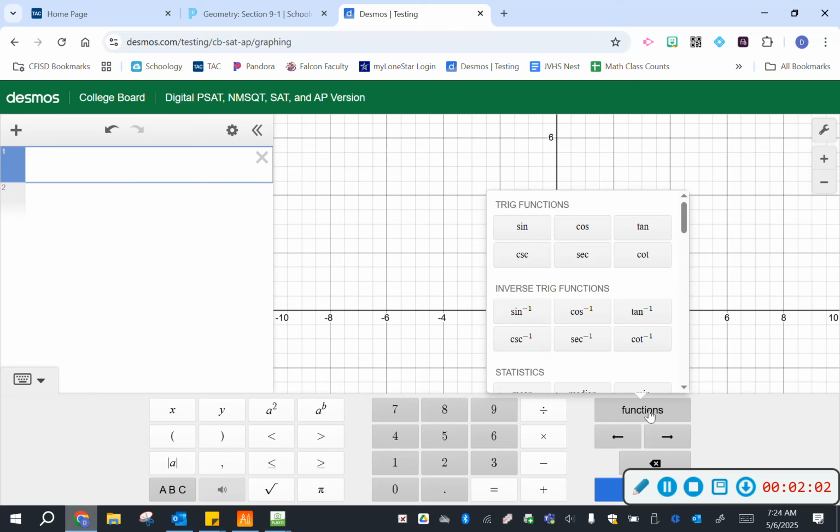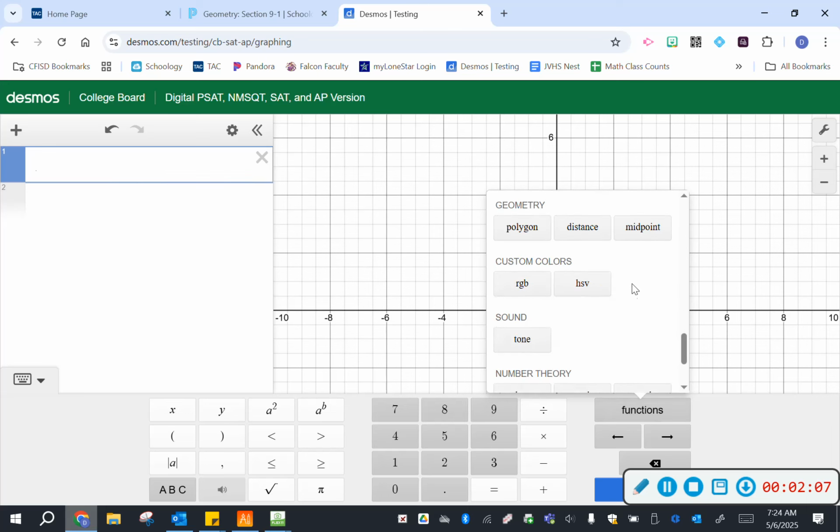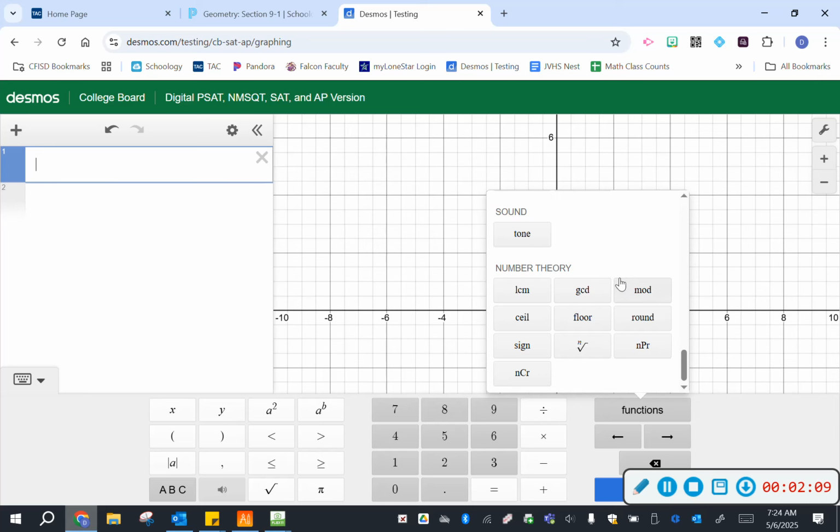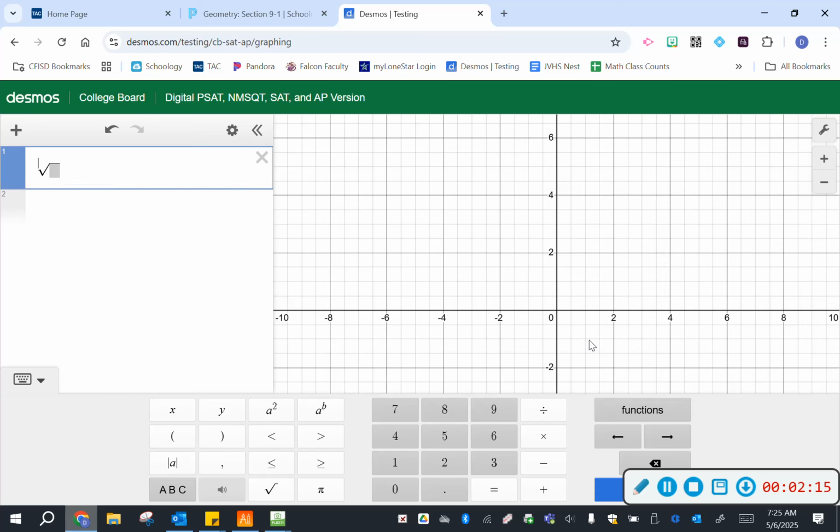Everybody do this with me if you haven't, because you need your brain to remember how to do this on the test. Go all the way to the very bottom, and you're going to hit the nth root one. Choose the one that says nth root, and you have to put a little 3 there. And then you're going to type in the number. And by the way, you are only doing this if it's in the third column.